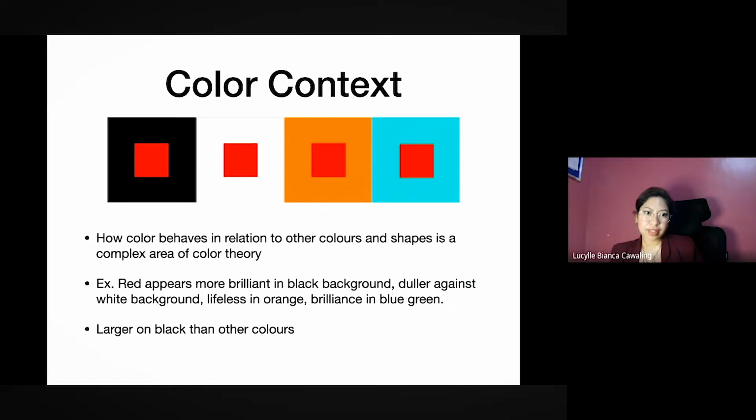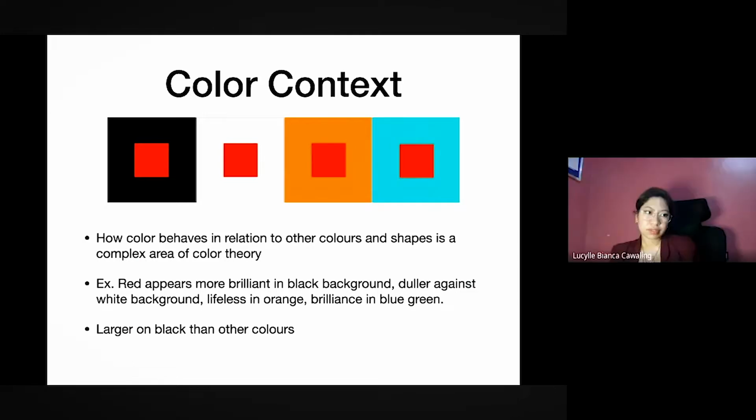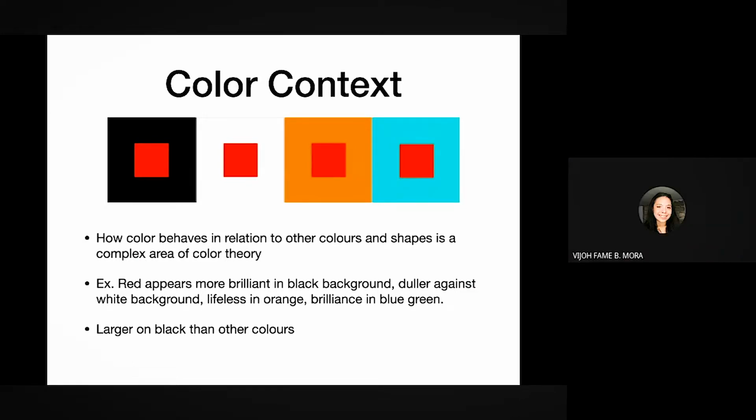Guys? Yes, Vaidra. So depending on the small red box, the color of the background is kind of changing. Like in red and black, it's so vibrant, but not that vibrant like the red and white.